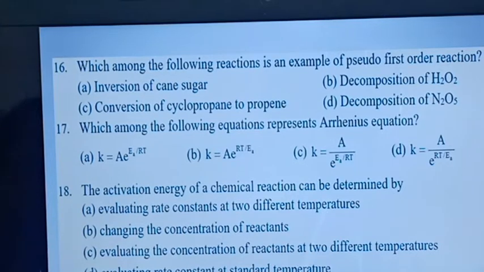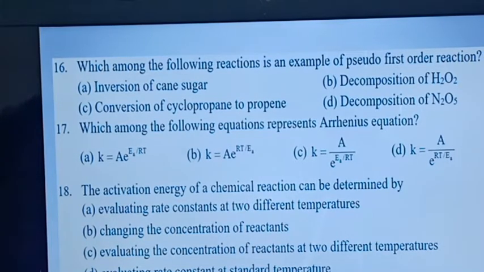So first we'll eliminate option C. Then comes inversion of cane sugar, decomposition of H2O2, decomposition of N2O5. Decomposition of H2O2 is an example for zero order reaction. Decomposition of N2O5 is an example for first order reaction.